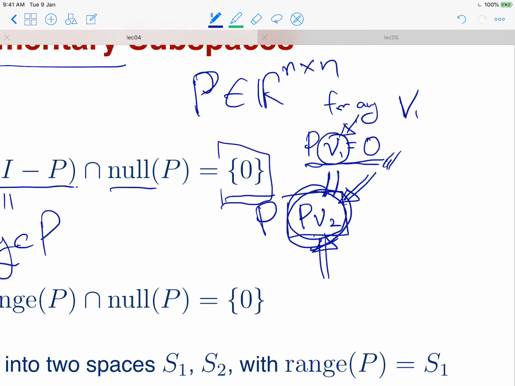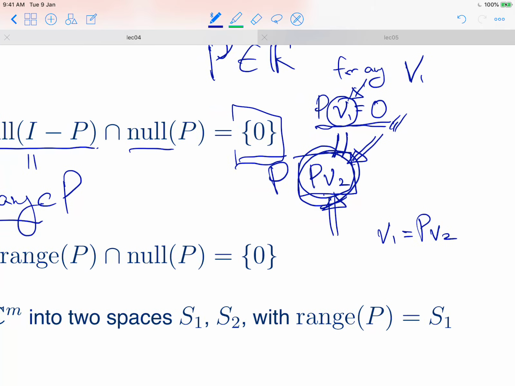And in order to satisfy this equation, we need the conclusion that this V1 should be always the zero vector.